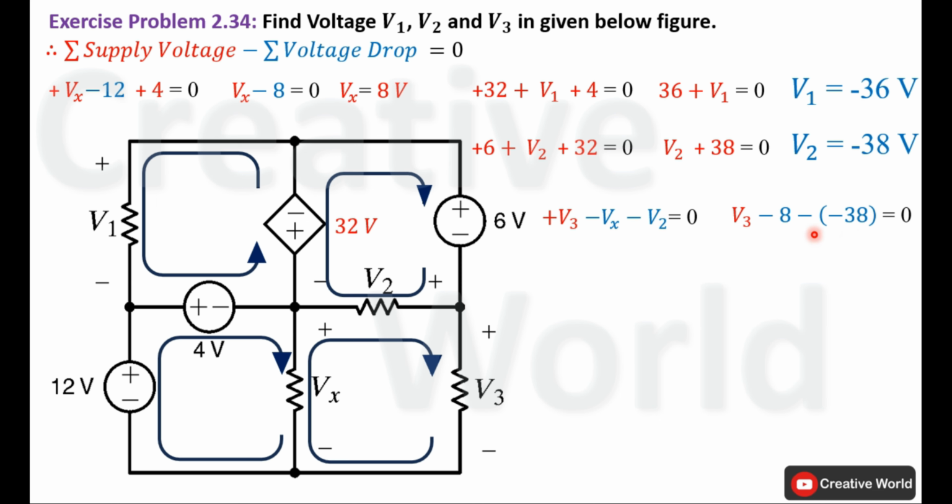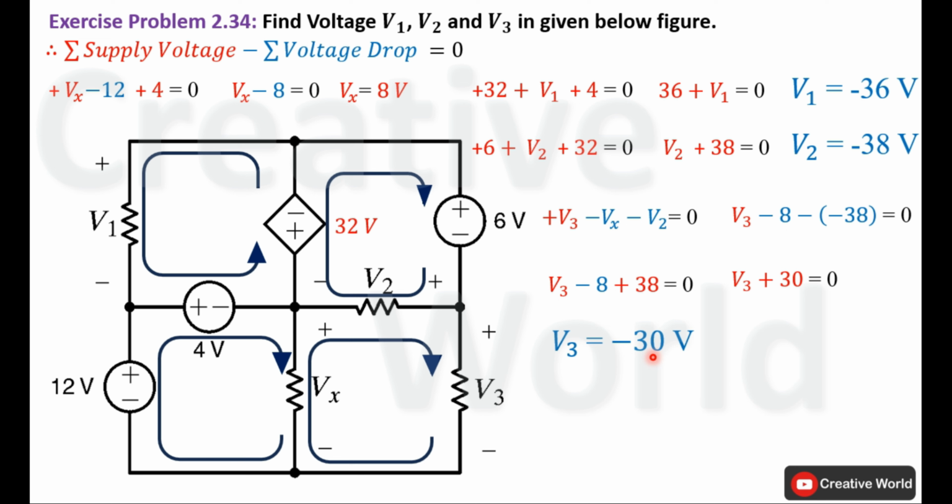Now open this bracket. Minus 38 will multiply with minus and it will become plus 38. So the equation will become V3 minus 8 plus 38 equal to 0. Now subtract 8 from 38, it will become 30. And place this 30 on the other side of equal to calculate the value of V3, that will become minus 30 volt.